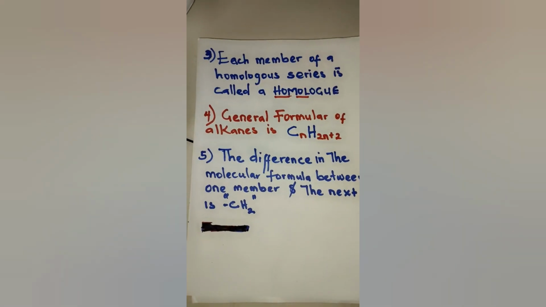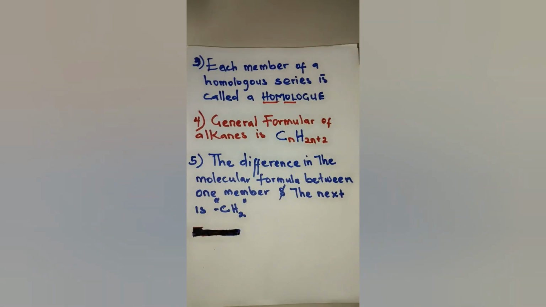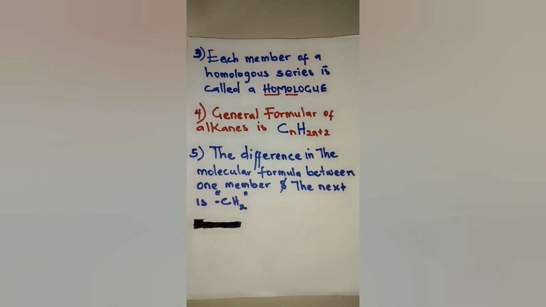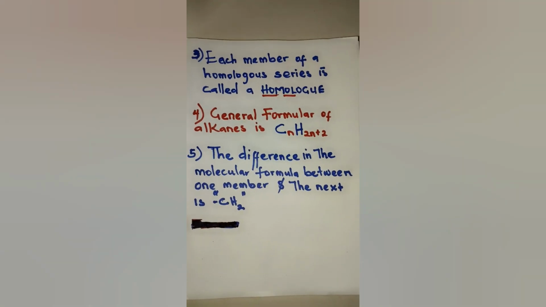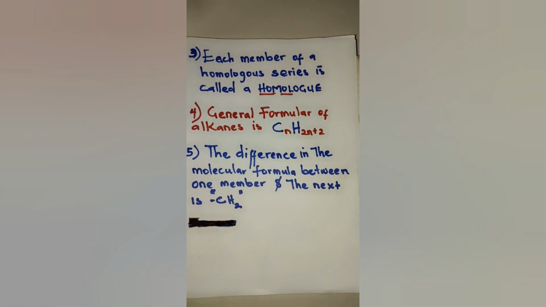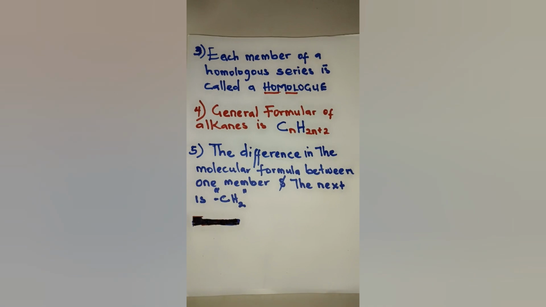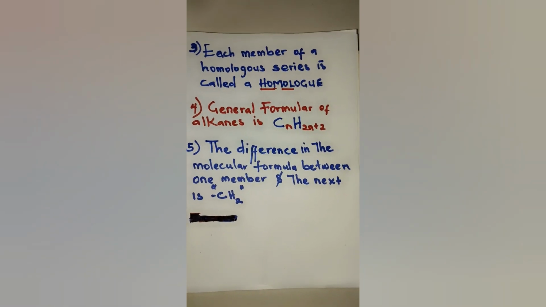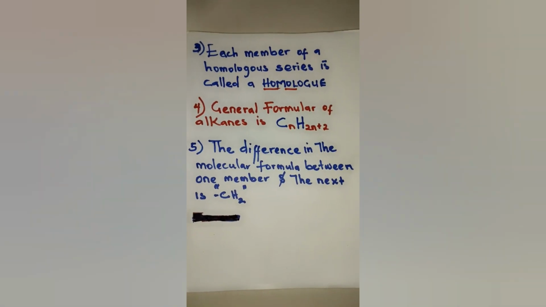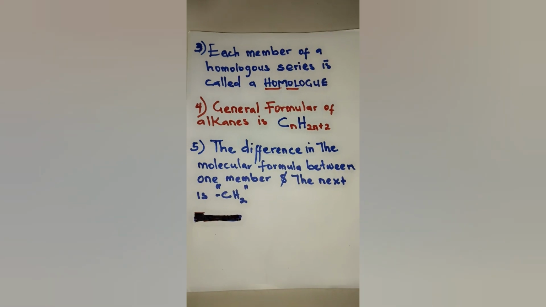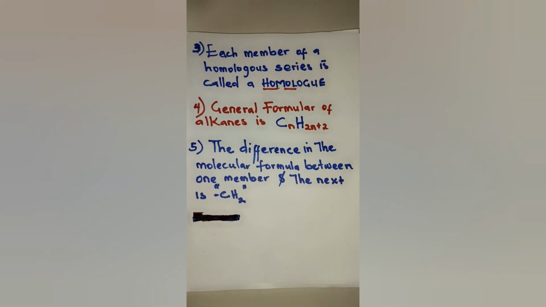Each member of the homologous series is called a homologue, and the general formula of alkane is CnH2n+2. So once again, the difference in the molecular formula between one member and the next, say with me, is CH2.